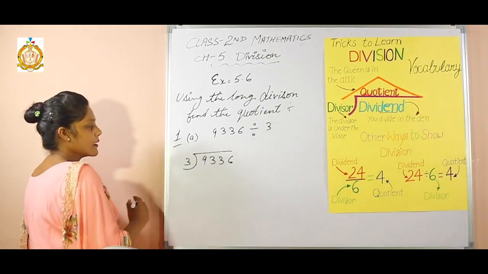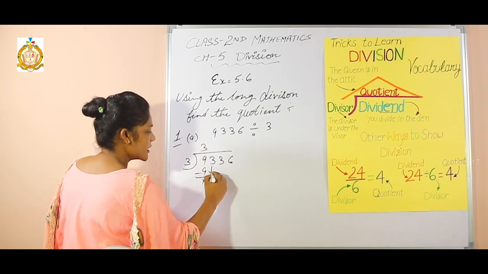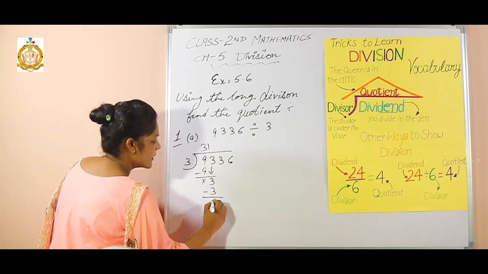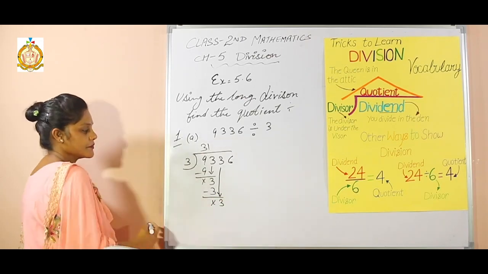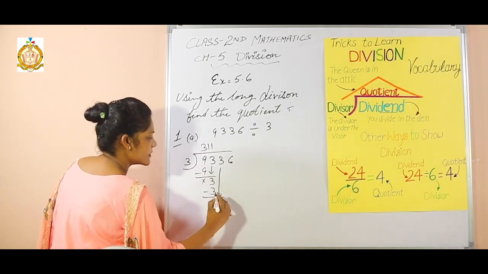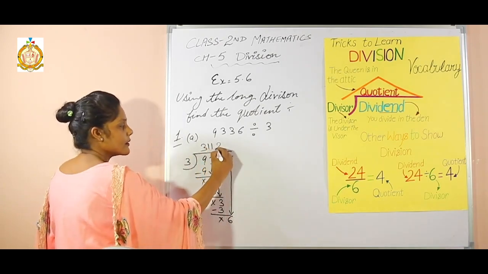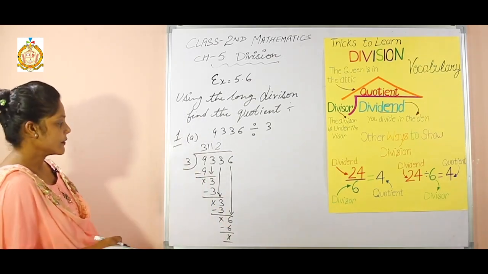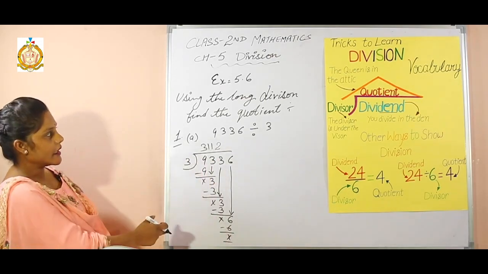Table of 3, 3 3s are 9, what comes down? 3. 3 1s are 3, again nothing is left, and next what comes down is 3, again 3 1s are 3, nothing is left, and the last digit comes down, that is 6. 3 2s are 6 and last is nothing. Clear, students? So this is the way that you solve division by the long division method.